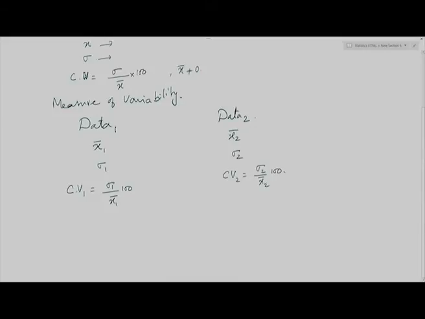And this is a dimensionless quantity, so now I can compare CV1 and CV2. If CV1 is bigger than CV2, we say that the first data set has more variability, that is, data 1 is more dispersed than data 2.